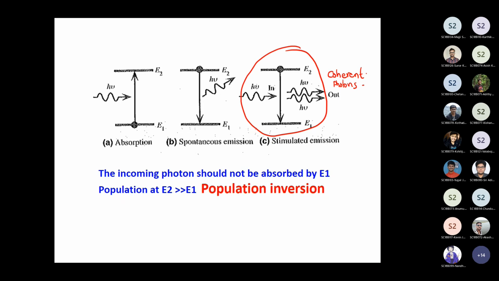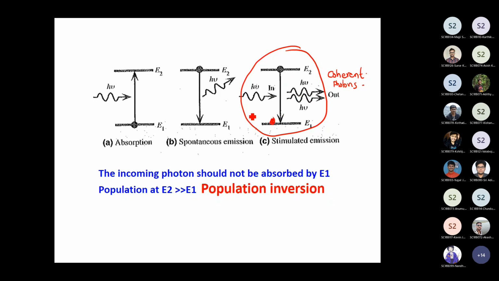Okay. Now, if this has to happen, there are certain other conditions that have to be obeyed. One is that the incoming photon energy should be equal to the energy separation between E2 and E1. The other is that you should not have an electron in this level, because if you have an electron in this level, then this photon will cause this electron to go up and will not stimulate an electron to come down and release an additional photon.